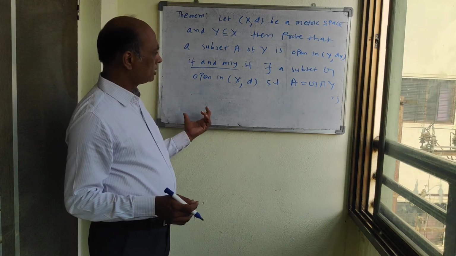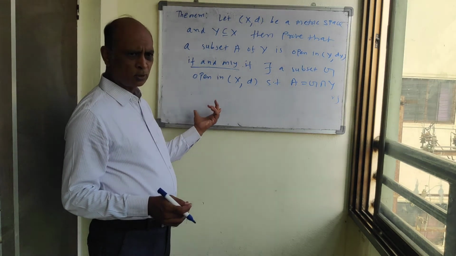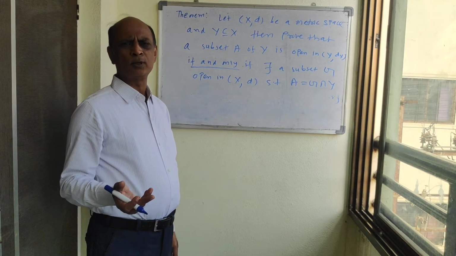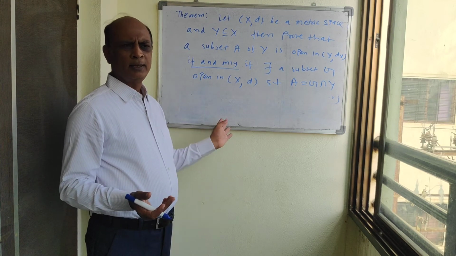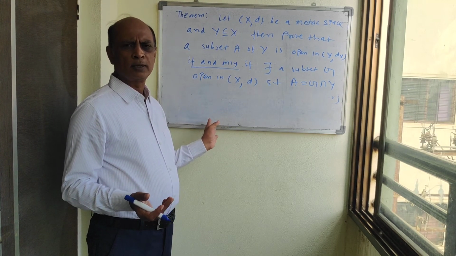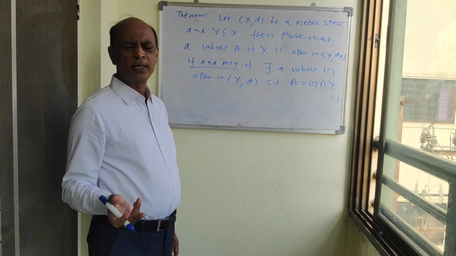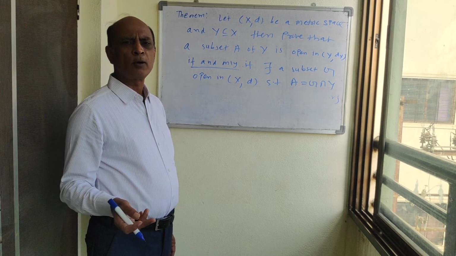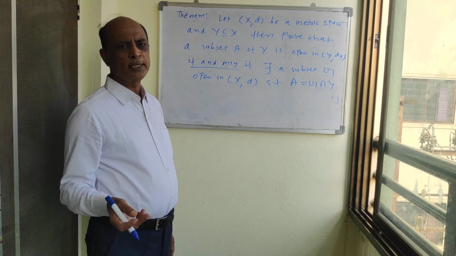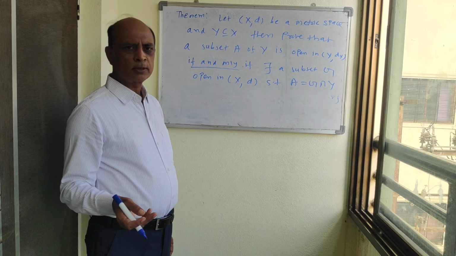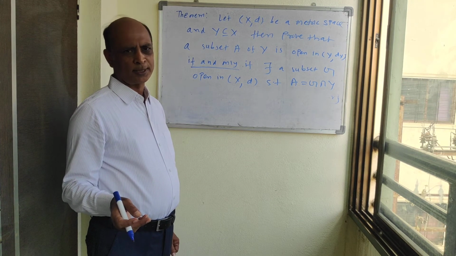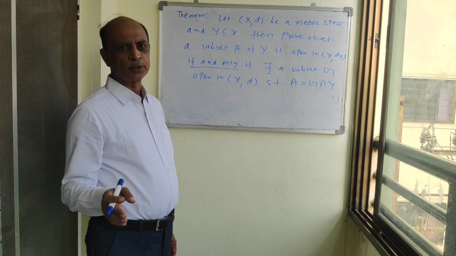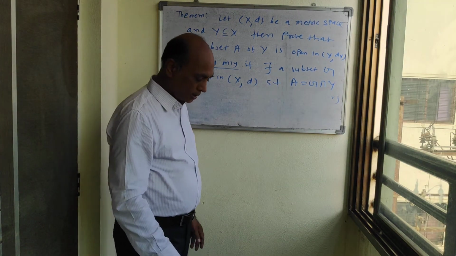To prove this, you must know open and closed sets. An open set is a neighborhood of each of its points; a set is open when S_r(a) is a subset of G. Closed means it contains all its limit points, or its complement is open. So we will see this theorem now.